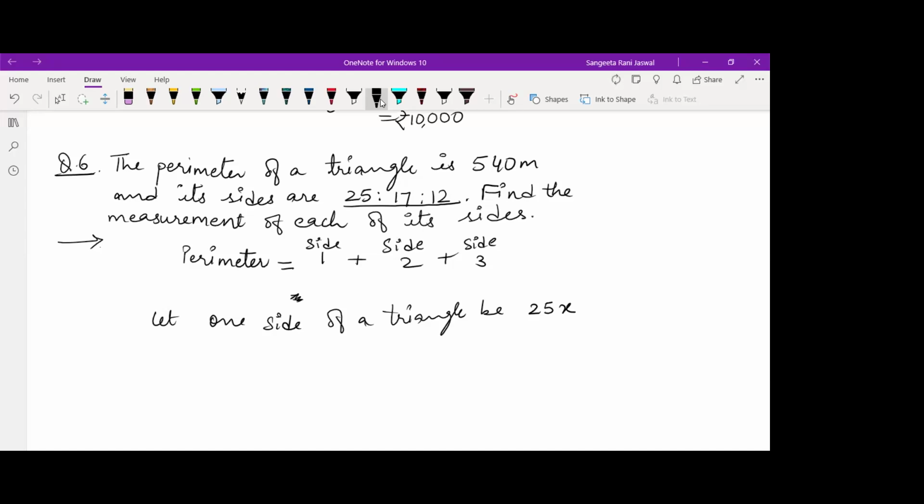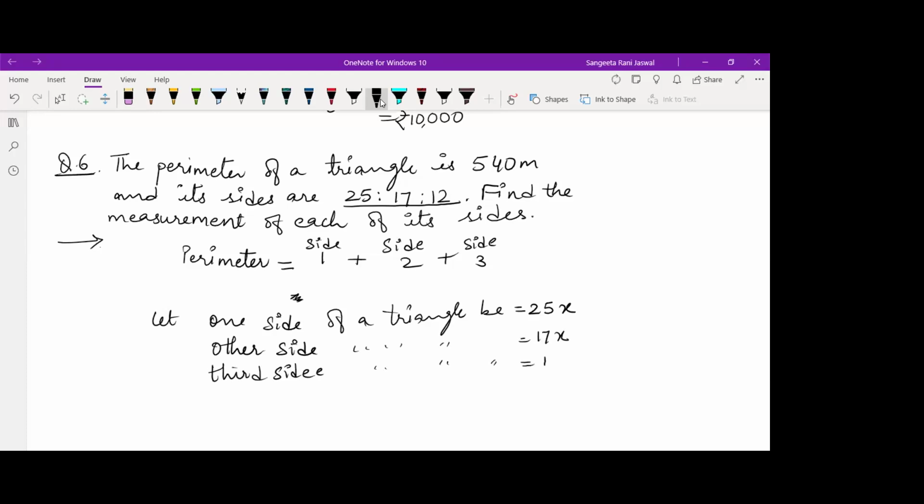Then the other side of a triangle can be taken as 17x, and the third side we'll take as 12x.